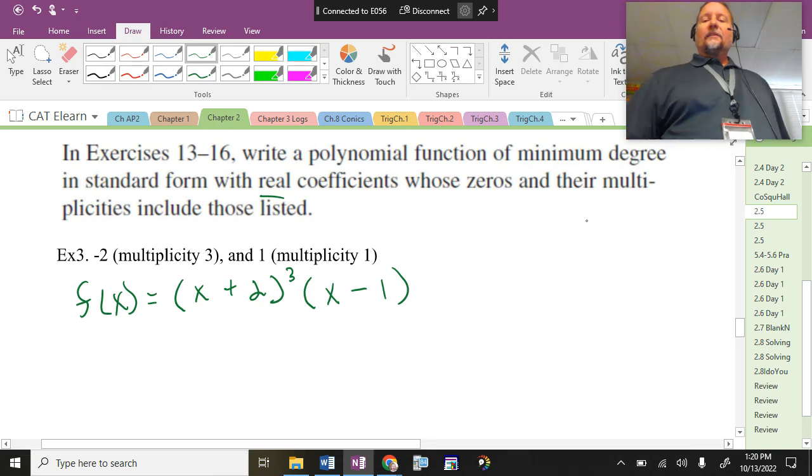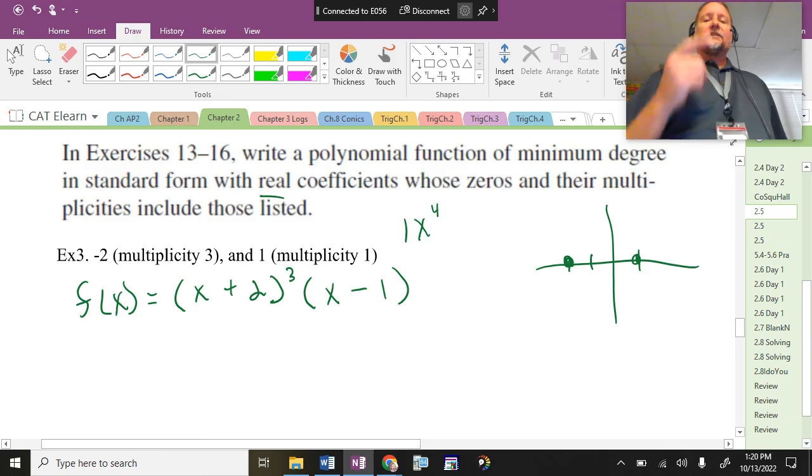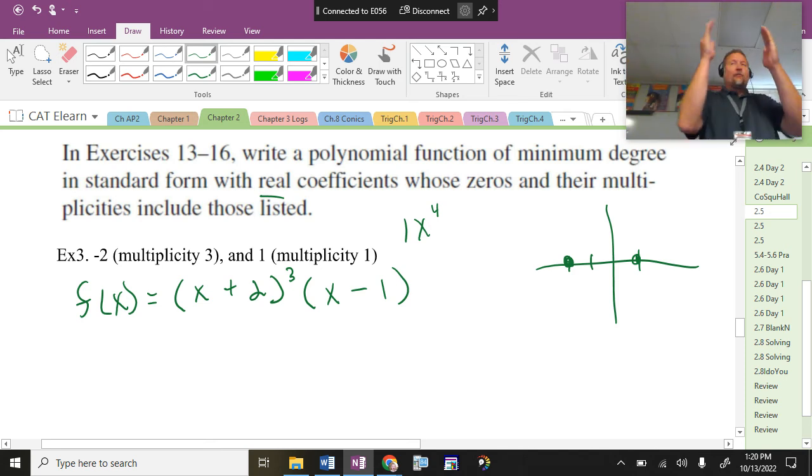So multiplicity 3 means cubic. By the way, this is how this graph would look, just as a review of your quiz. Here's negative 2 as an x-intercept. Here's 1 as an x-intercept. If I multiplied this out, this would be a positive 1x to the 4th, so it should end up and up, remember the polynomial dance.